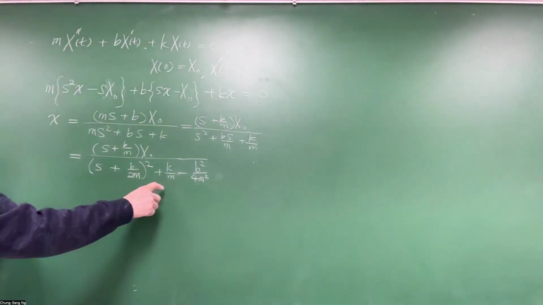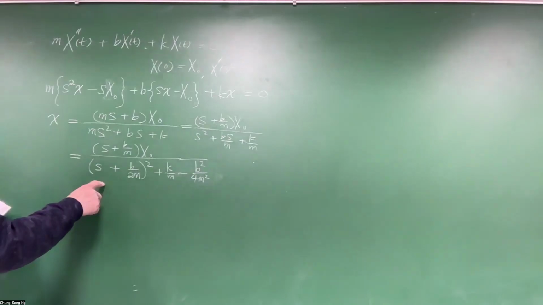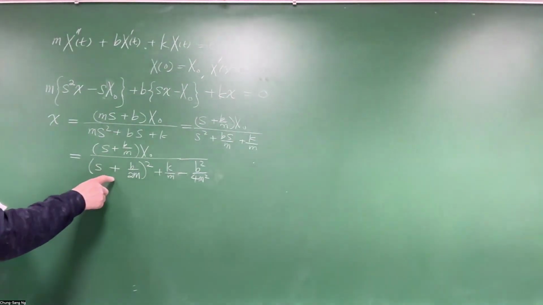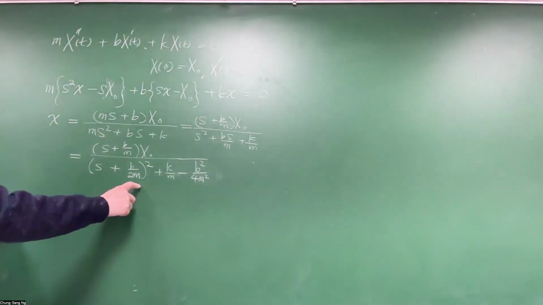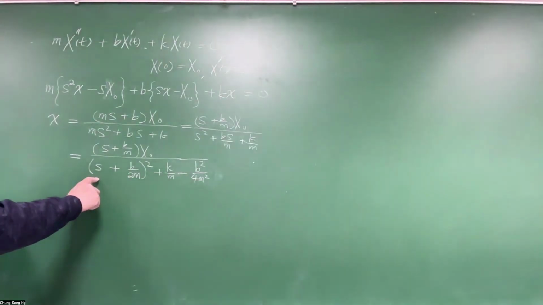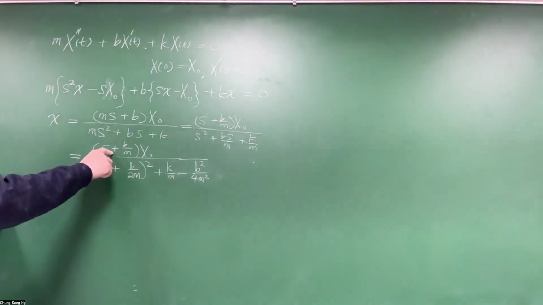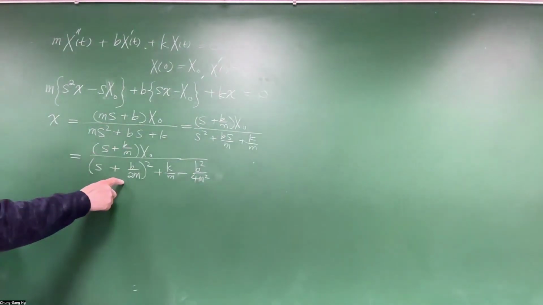So now you got something almost the same, but you realize that this is your new s. This is like a translation, so just use the translation formula: translate s to s plus b over 2m. But the numerator has s plus b over m, not b over 2m.